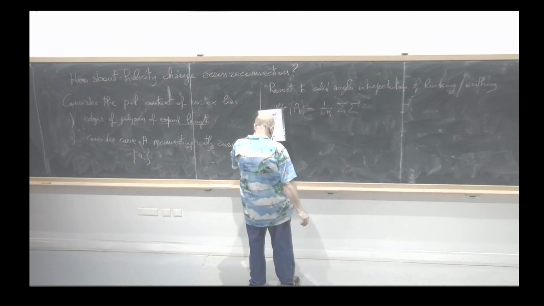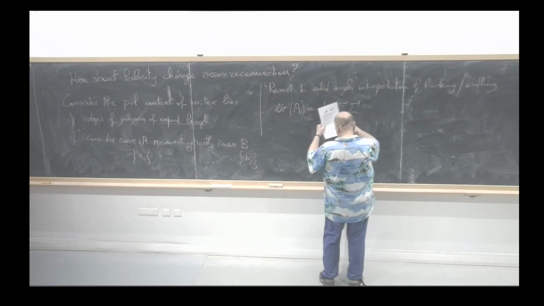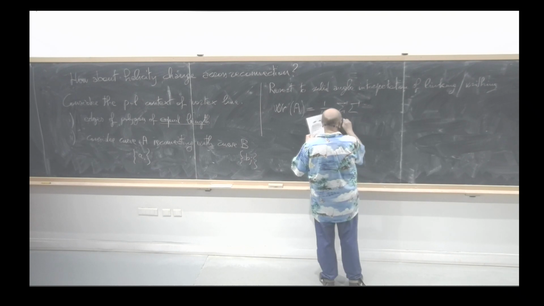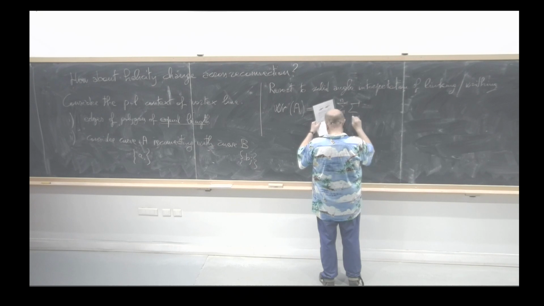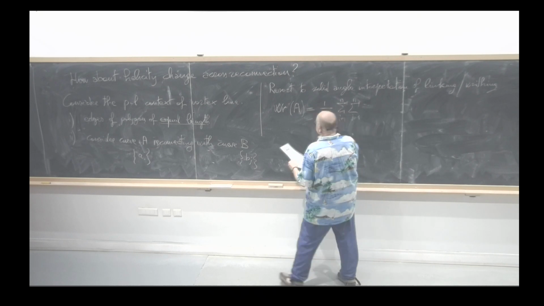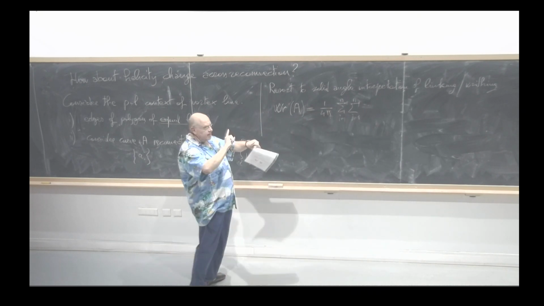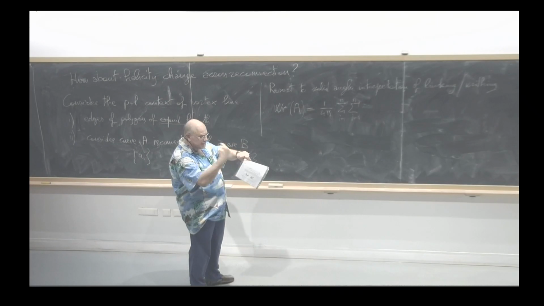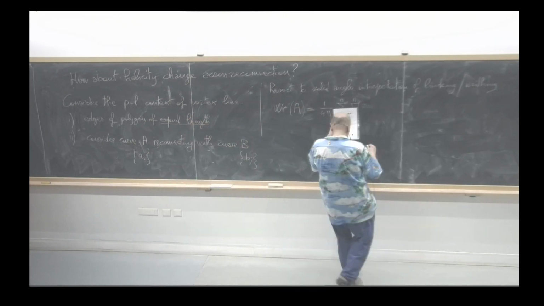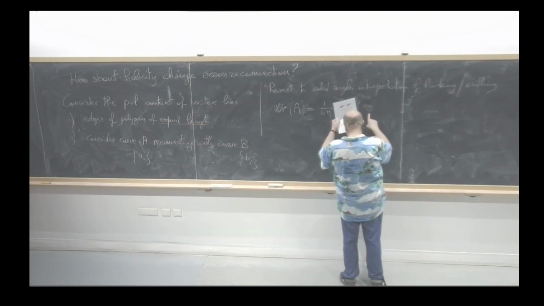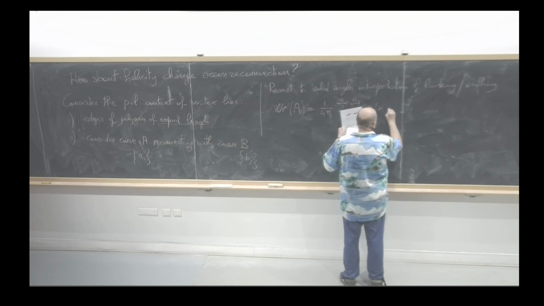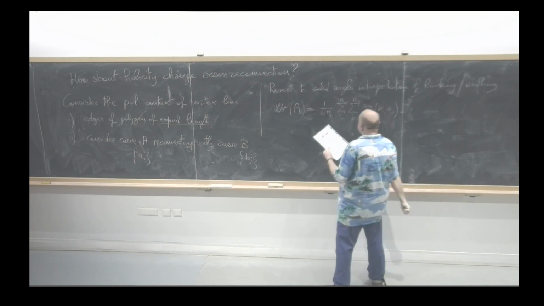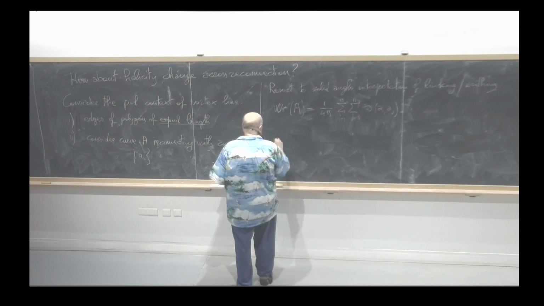Anyway, the writhe of A is 1 over 4 pi, sum over I from 1 to n, J from 1 to n, because the writhe is the apparent crossing of a curve with itself. So this is the elementary contribution of the solid angle between A_I and A_J. Okay, self-crossing.